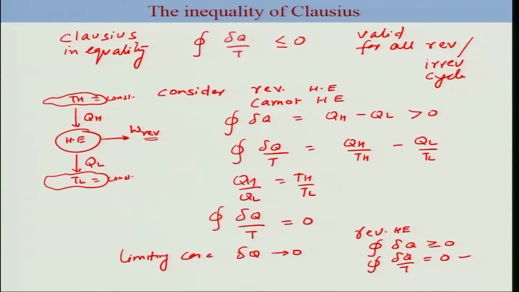Now let us look at an irreversible heat engine, which is operated at the same conditions TH and TL, and it takes the same amount of QH. This is an irreversible cycle or heat engine between the same TH and TL.